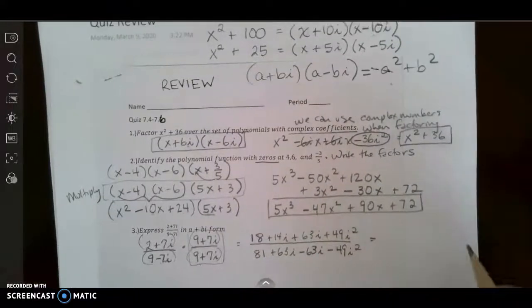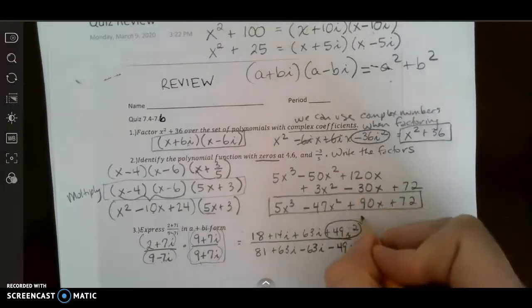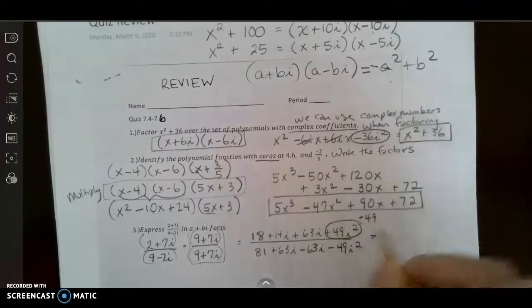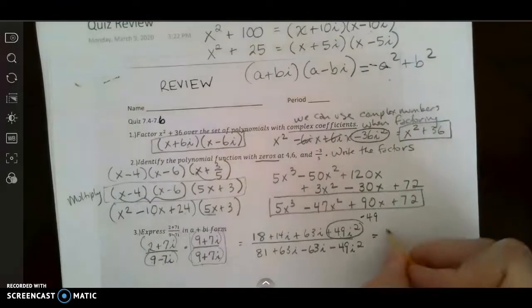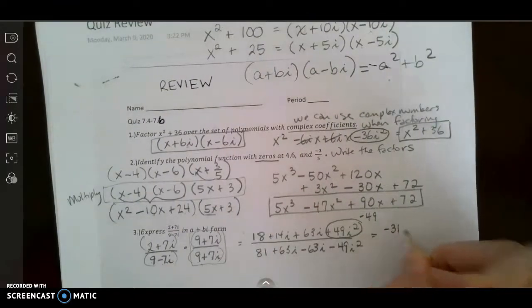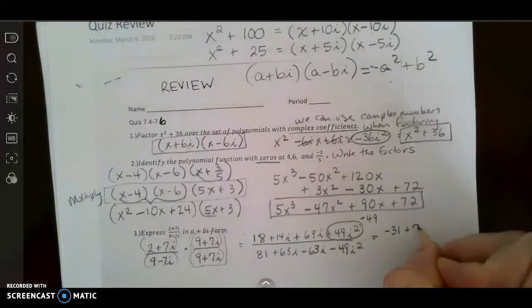Let's keep going. This plus 49i squared is 49 times negative 1. So it becomes minus 49. So 18 minus 49, I get negative 31. Just used my calculator to do that. And then 14 plus 63 gives me 77i.